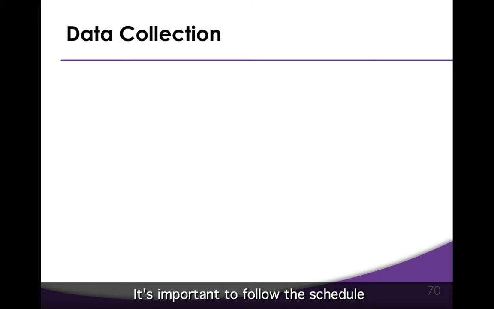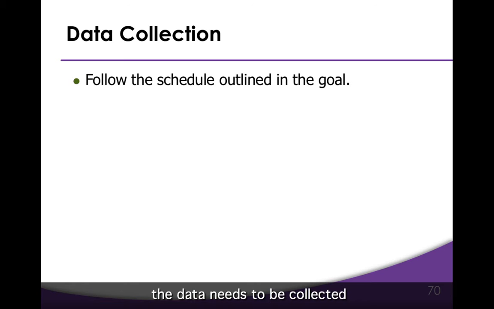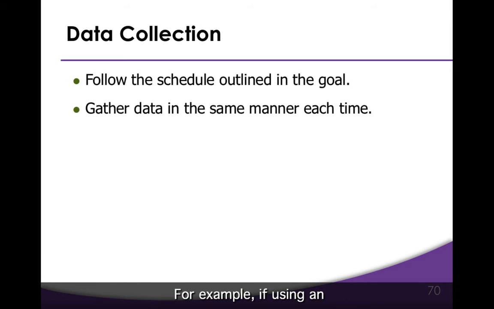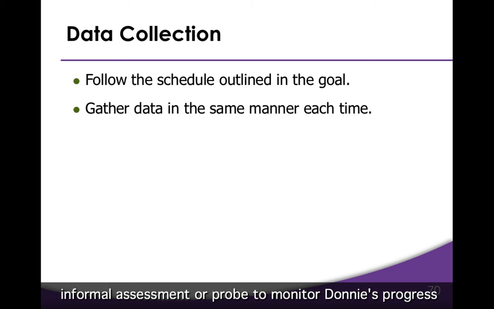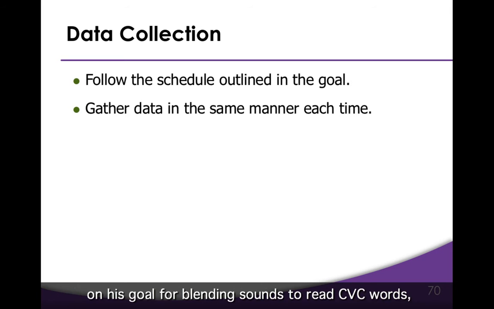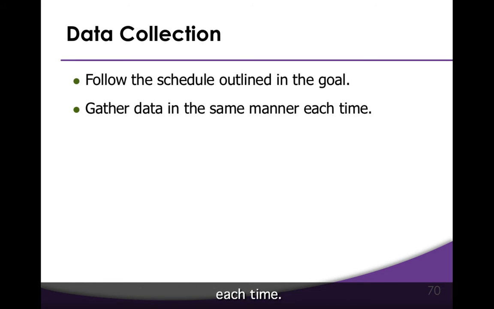It's important to follow the schedule or how often the IEP states data will be collected. In addition, the data needs to be collected in the same manner each time. For example, if using an informal assessment or probe to monitor Donnie's progress on his goal for blending sounds to read CVC words, then the same probe should be used each time.